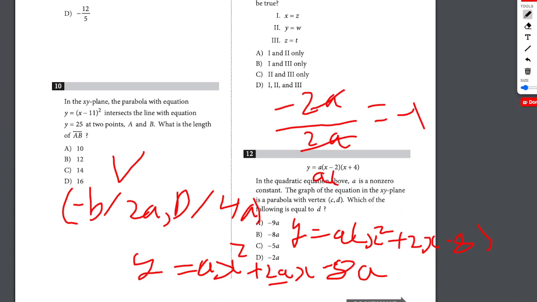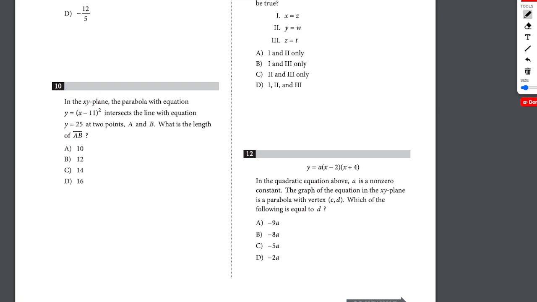So when we do that, we're going to get negative 1 times negative 2 is negative 3, and then negative 1 plus 4 is positive 3. So we get 8 times negative 3 times 3, which is negative 9a. The answer to that is option A, negative 9a. This was maybe somewhat of a trickier question if you didn't know how to do it, but that's how. If you have any questions, just let me know.